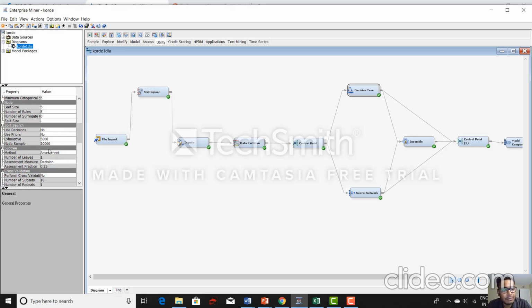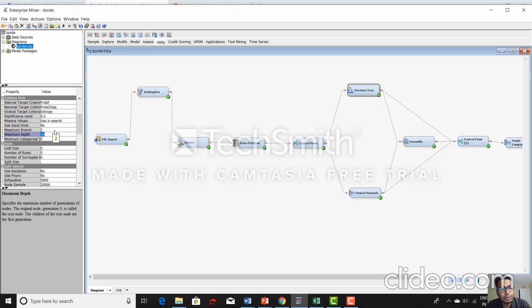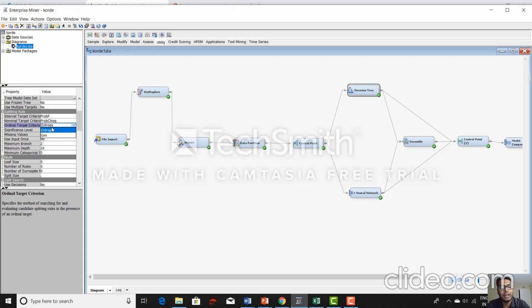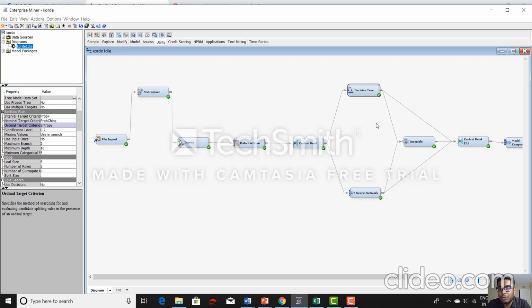The maximum depth that our tree can have, I have kept at 10, and the maximum branches can be 2. The best possible split is going to be determined by the entropy. If we go to the decision tree and look at its results, we will be able to see the tree that has been formed from our data set.